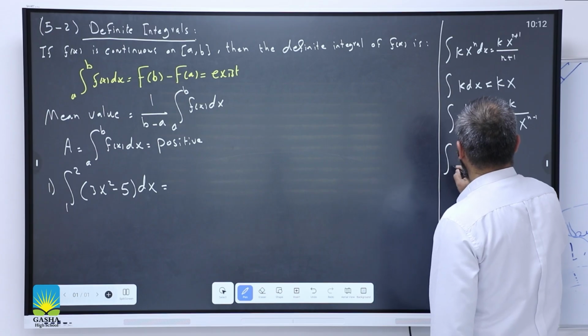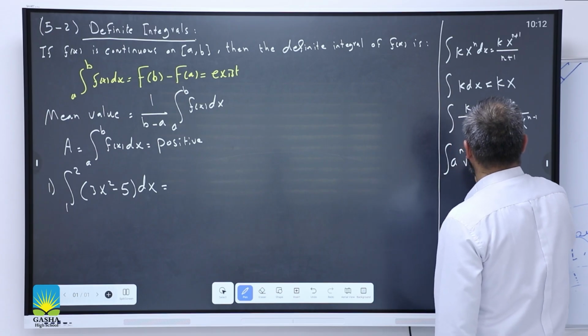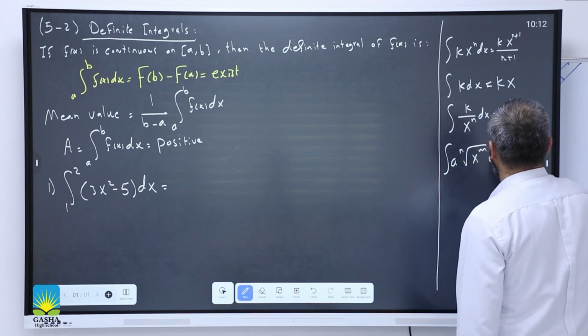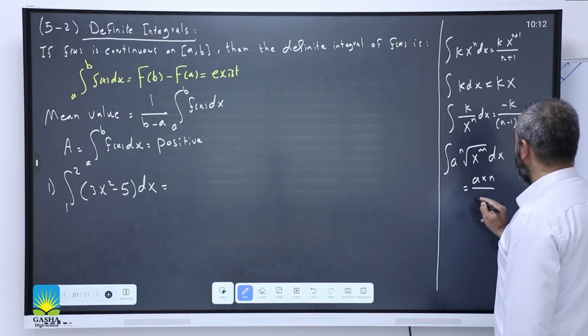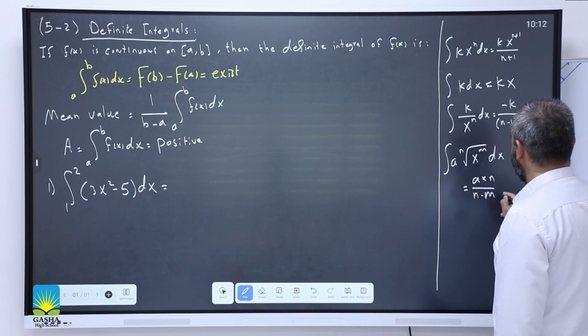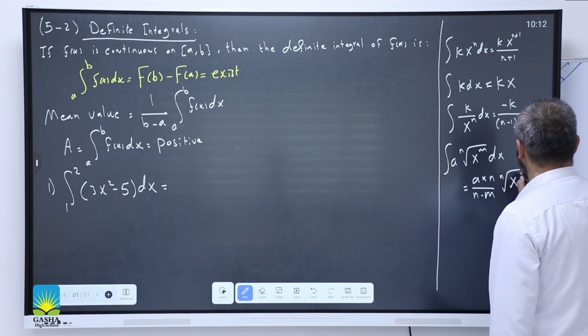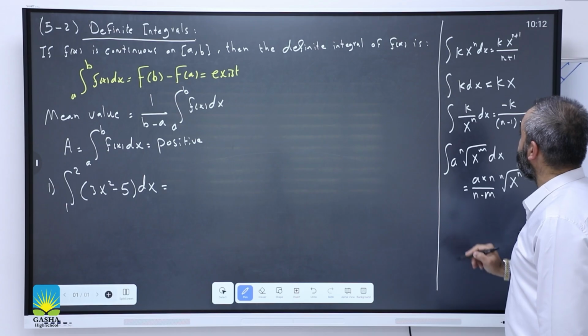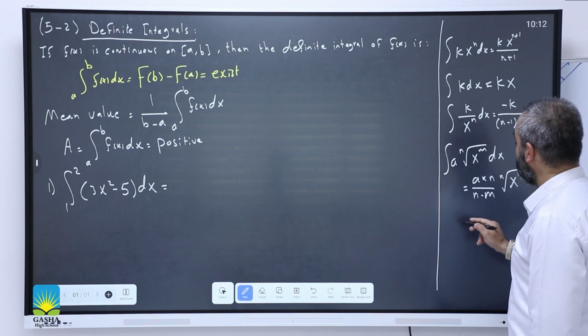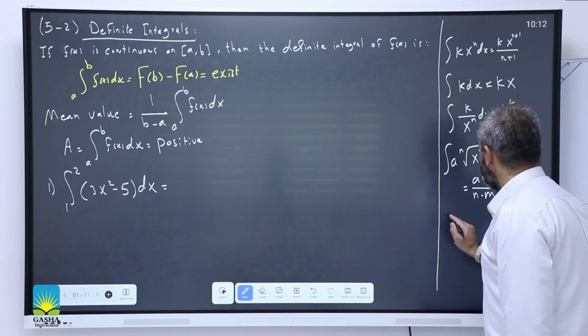And the integral of a times the nth root of x to the power m dx equals a times n over (n minus m) times the nth root of x to the power n minus m. So these are the results of the indefinite integral.